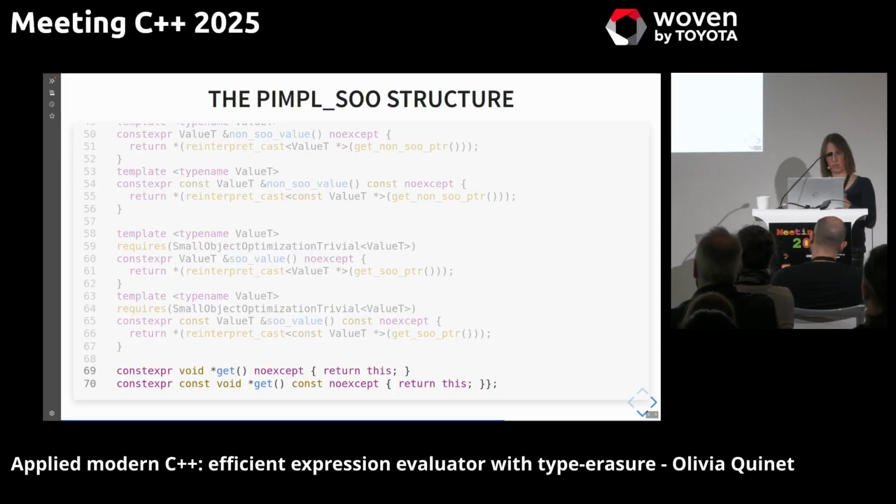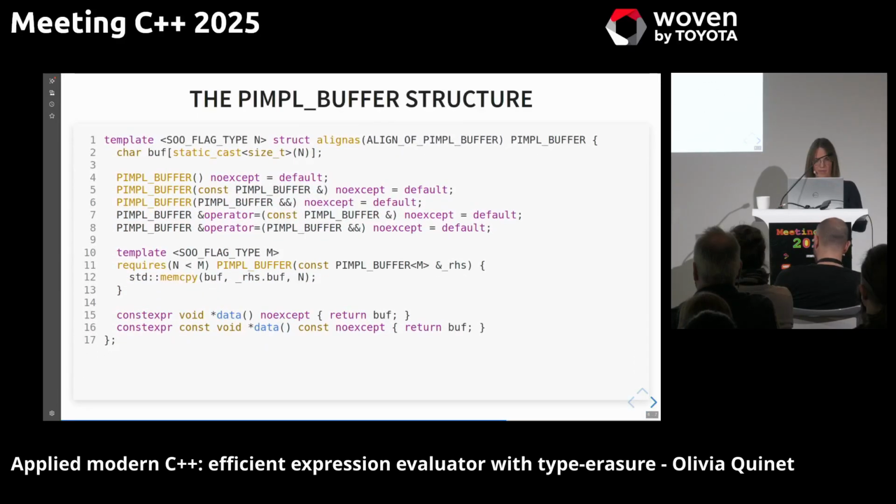In fact, the get function here is the equivalent of the get function in the std unique pointer. So it will get the address of how to manipulate the value. And the buffer, that's just for clarity, but it's just a buffer of char with some alignment that you want to have and some size.